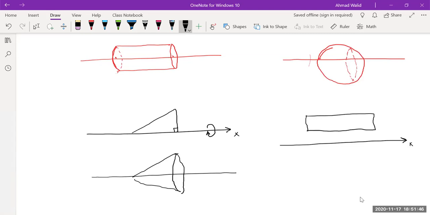This rectangular shape, and I rotate about the x, definitely it will give me a cylinder which has a hole in it, right?